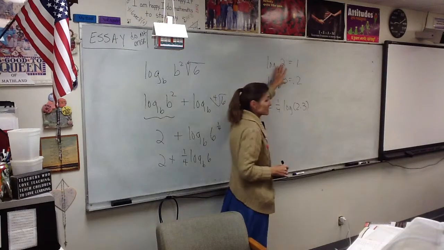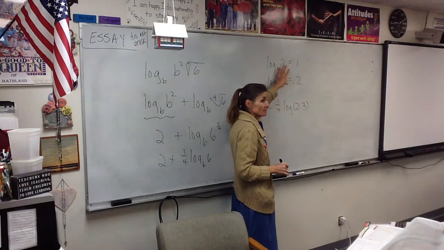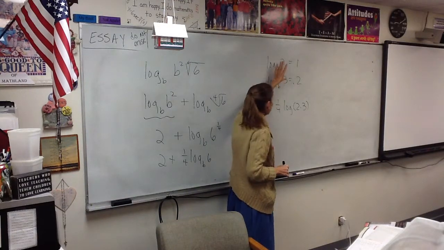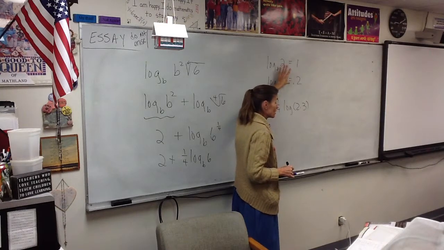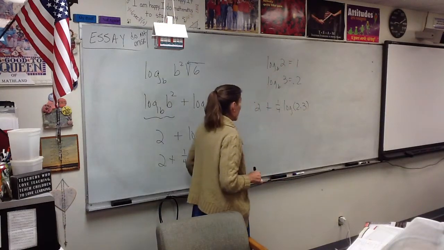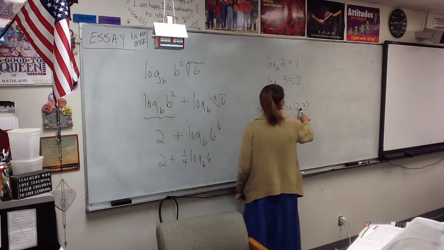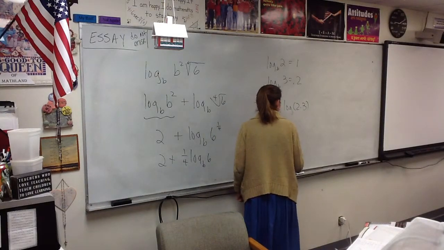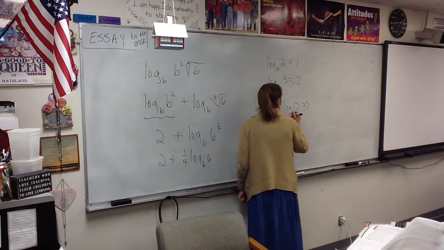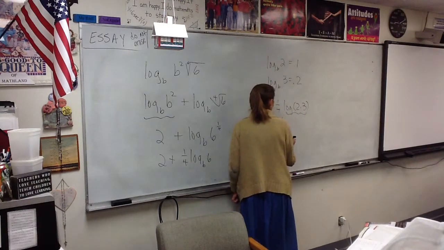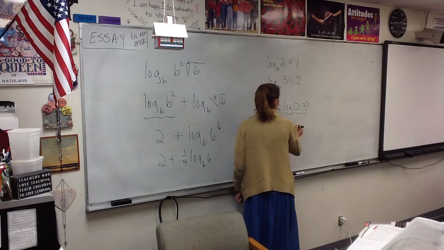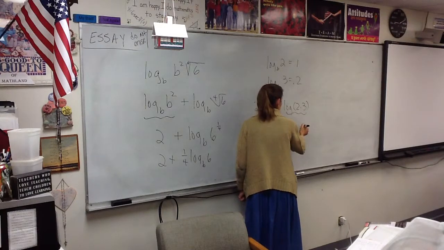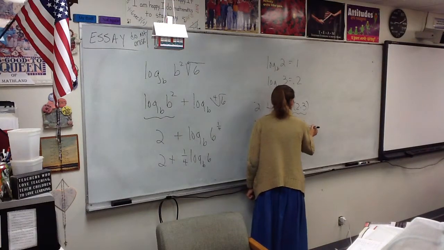Keep in mind that that's the only given I had, right? These are the only numbers I have information about, so I need to rewrite my problem. Now, what am I going to do now that it's the log of 2 times 3? Break that apart for me. What will that be? The log of 2 plus the log of 3.